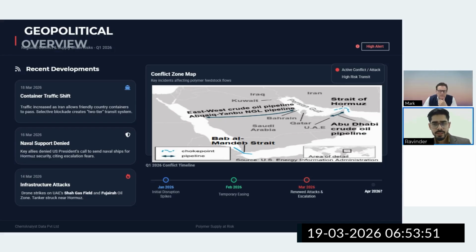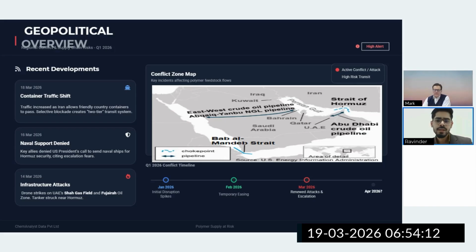And one more thing I want to add from here. There is the Yanbu NGL pipeline here, which passes through here. Most of the oil wells are here for Saudi Arabia, which produces around 20 million barrels a day of crude oil.